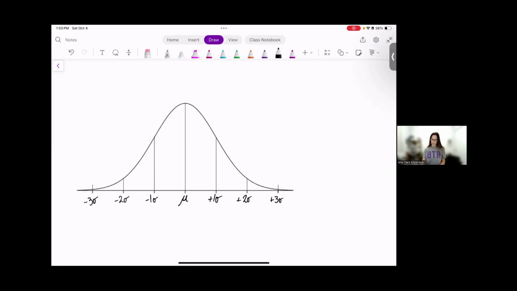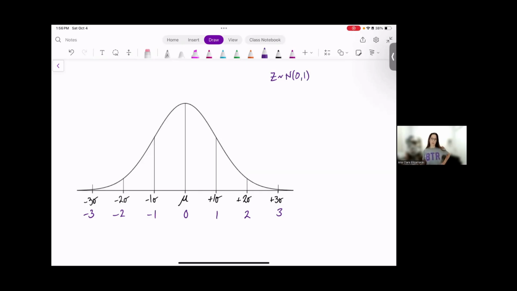In a standard normal distribution, our special distribution with a mean of 0, we have 1, 2, and 3 to the right, -1, -2, -3 to the left. And z-scores are measured in standard deviations. So we are one standard deviation above the mean, two standard deviations above the mean, three standard deviations above the mean, and so on.